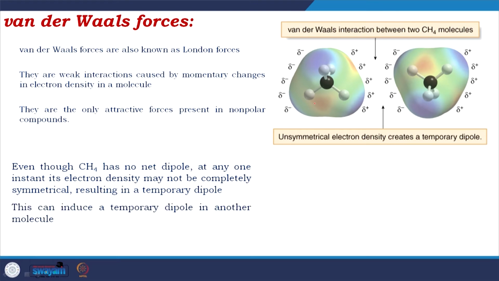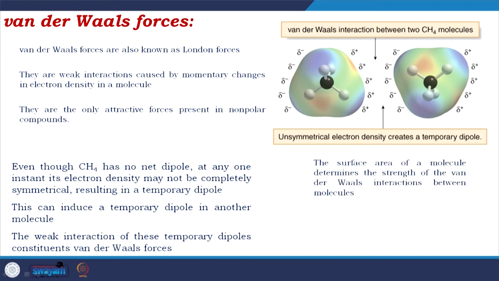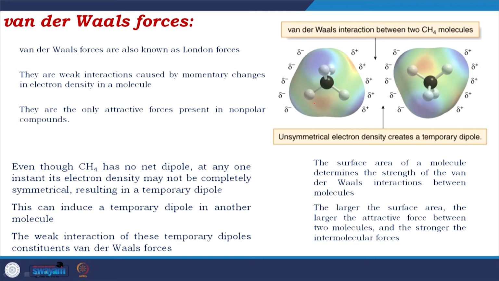This can induce a temporary dipole in another molecule. The weak interaction of these temporary dipoles constitutes van der Waals forces. The surface area of a molecule determines the strength of the van der Waals interaction between molecules. The larger the surface area, the larger the attractive force between two molecules and the stronger the intermolecular interaction.